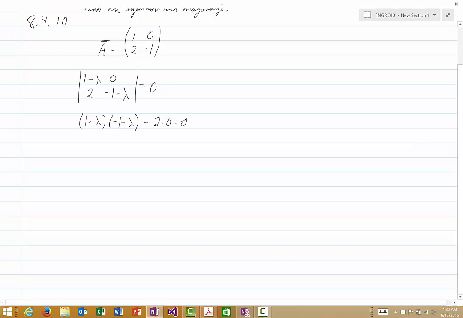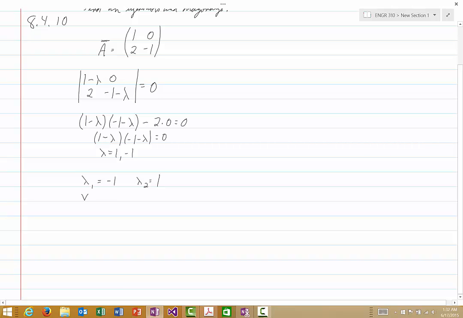And so this tells us that we have 1 minus lambda times minus 1 minus lambda equal to 0. And therefore, we can see that the two eigenvalues for this matrix are lambda equals positive 1 and negative 1. So let's let lambda 1 equal negative 1 and lambda 2 equal positive 1.